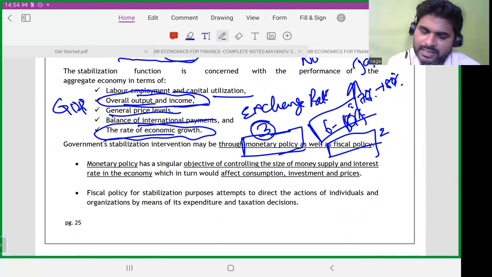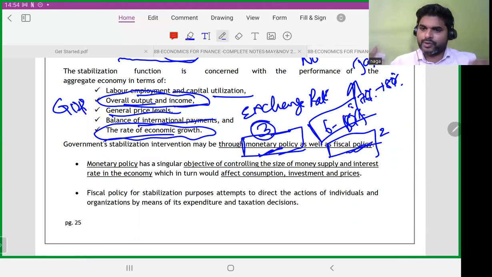All of that is done by increasing or decreasing the interest rates, through monetary policy. Fiscal policy is announcing certain schemes, allocating more budgets, or reducing the budget depending on the requirement.